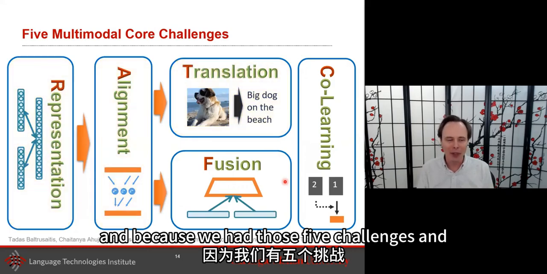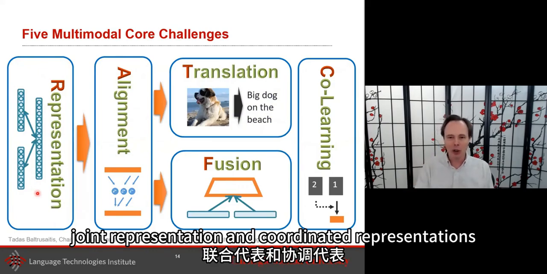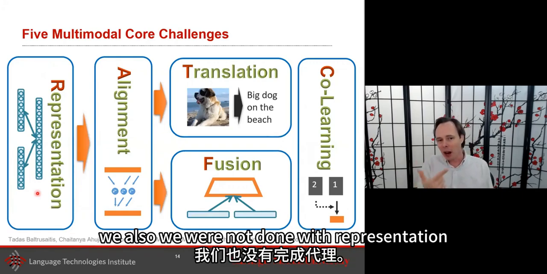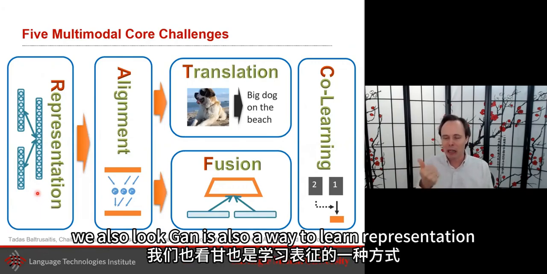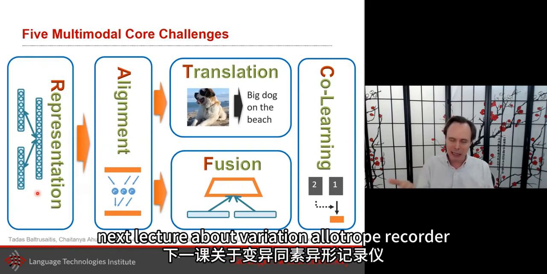Because we had those five challenges, and we looked at representation: joint representation and coordinated representations. We were not done with representation. GAN is also a way to learn representation, and we'll talk next lecture about variational autoencoders.